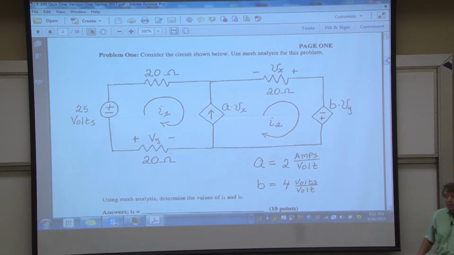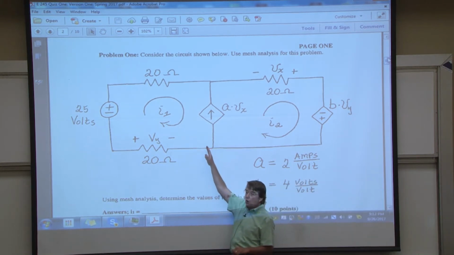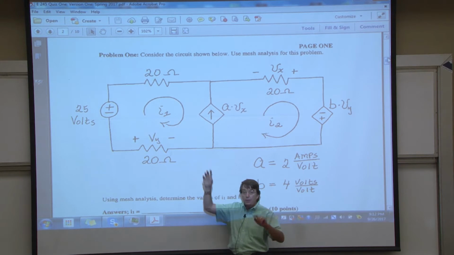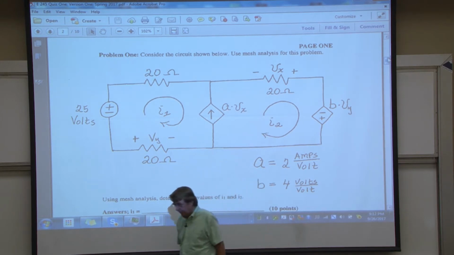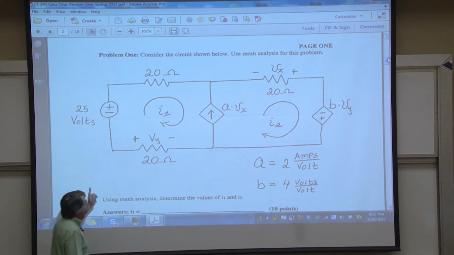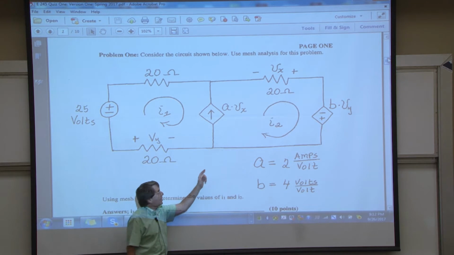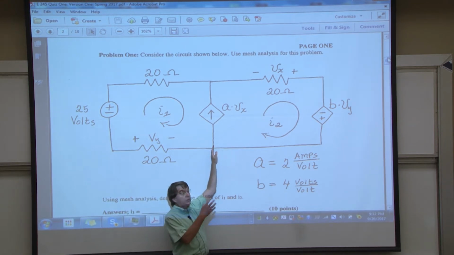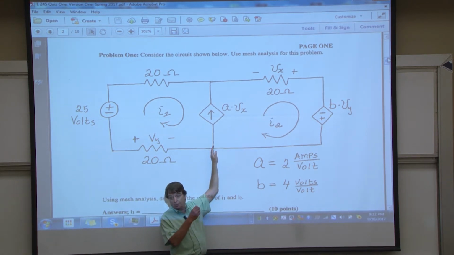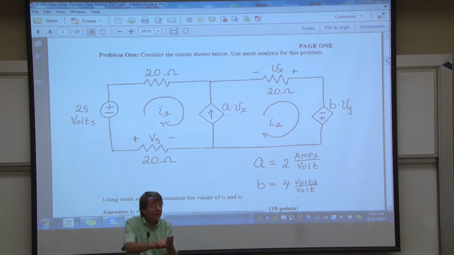This is a super mesh. How do I know a super mesh? A current source shared between 2 meshes. Now, how do I handle a super mesh? I walk around it, and then I come back and I write the equation for inside the super mesh. So that's going to give me 2 equations.